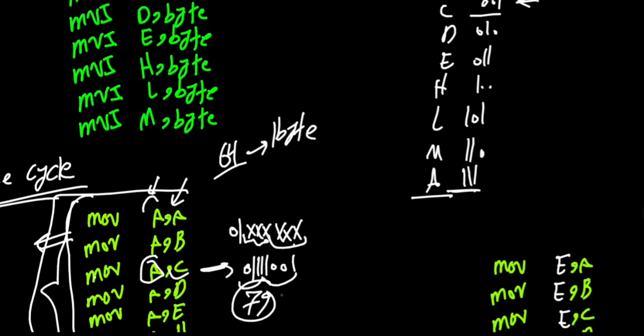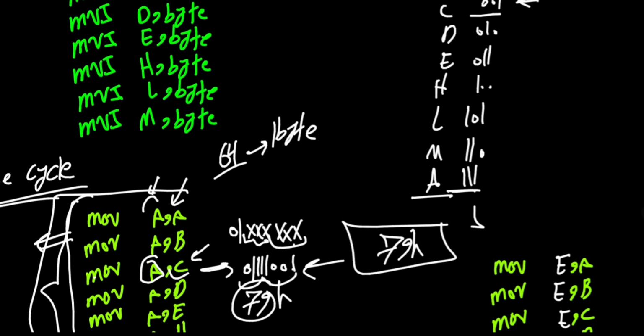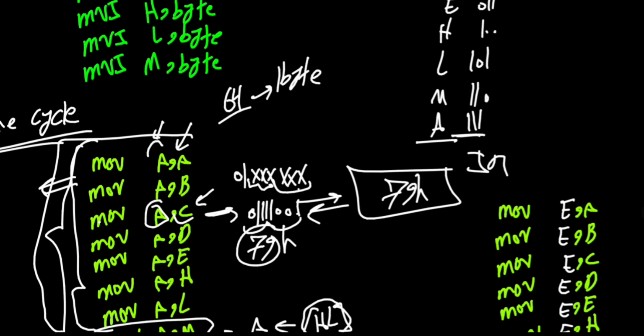So 79 in hex, or this value in binary, would be the opcode for the instruction move A, C. Meaning, if we have 79 in hex in the IR register, or this value, the CPU understands that it should move the value of the C register inside the A register.